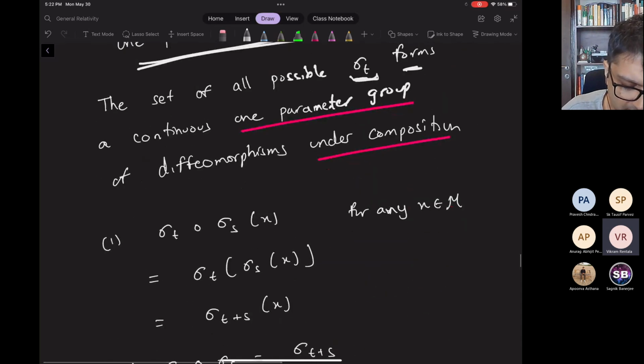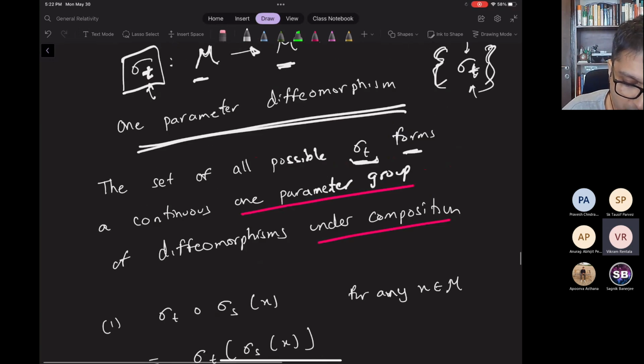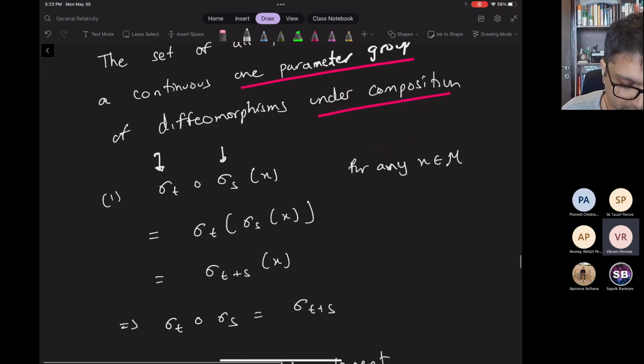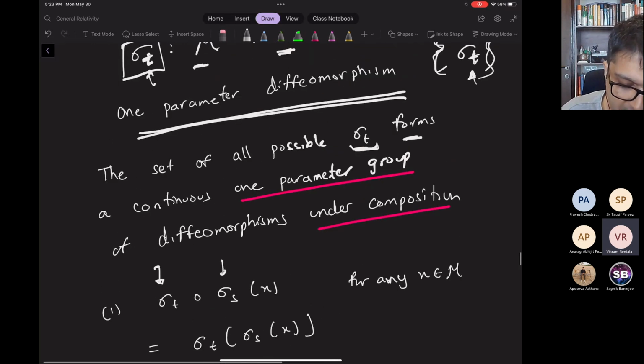Now, if I compose two maps, let's say I compose sigma s and sigma t, then we've already seen that sigma t composed with sigma s acting on x is equivalent to sigma t plus s acting on x. That means that if I compose two of these elements, sigma t and sigma s, that returns a third element which belongs to the same set.